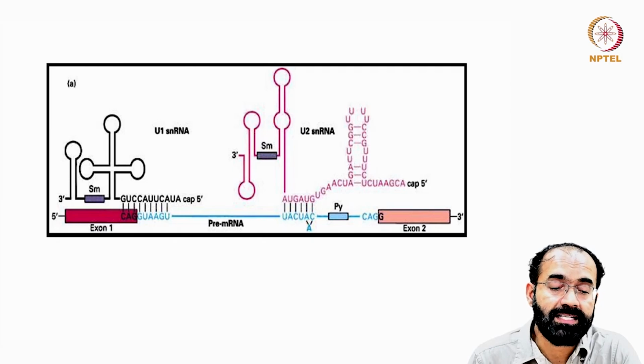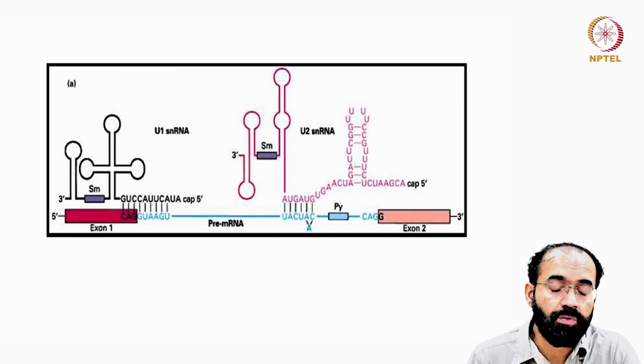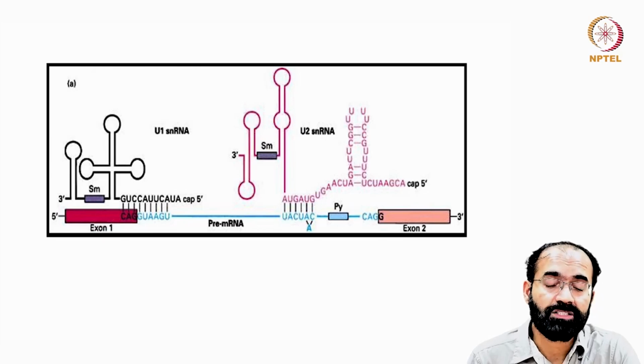This sequence is bound by U1 snRNA. And U1 snRNA can happily pair onto this exon intron boundary, and this is very important for the splicing event.